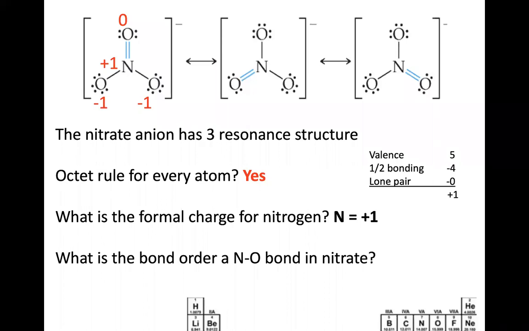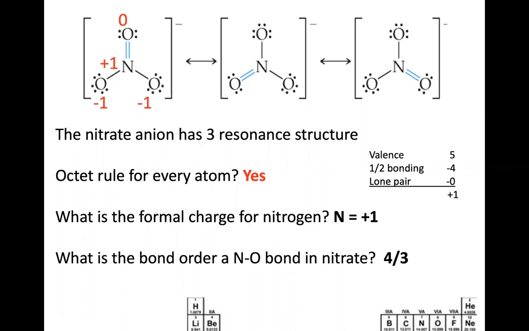That means they're each a 4/3 bond. Total number of 4 bonds being split up in 3 directions means each of those is a 4/3. If you add up 4/3 plus 4/3 plus 4/3, you get the total number of 4 bonds that would be present. That's how I would come up with the bond order for that.